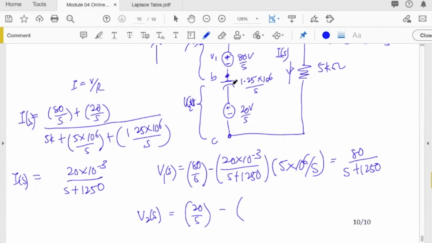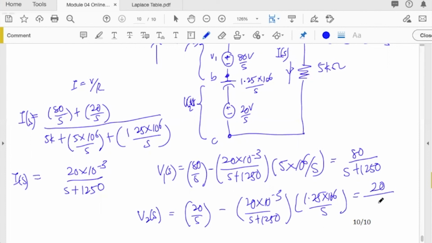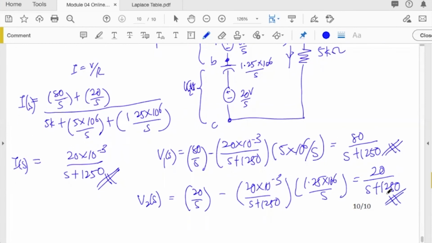If we treat this as a resistance, based on Ohm's law, we have current multiplied by this capacitor. That will give you 20 over S plus 1250. So this is your Is in terms of S domain. That is your V1s, and this is your V2s. So they are in terms of S domain.